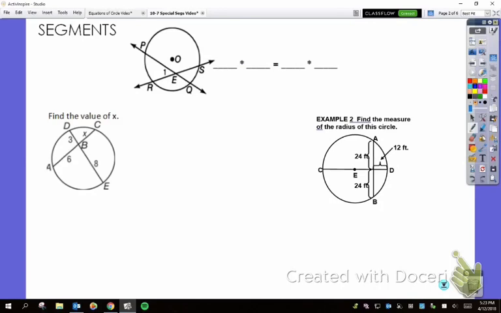So this has two secant lines, so we would say secant, secant, and they intersect on the inside, which is important.